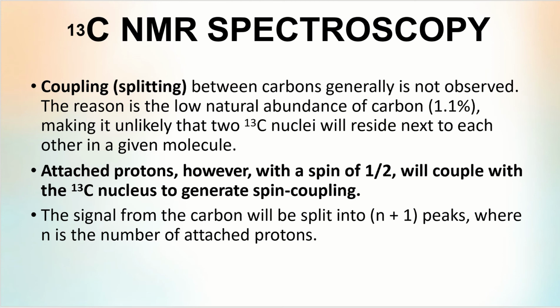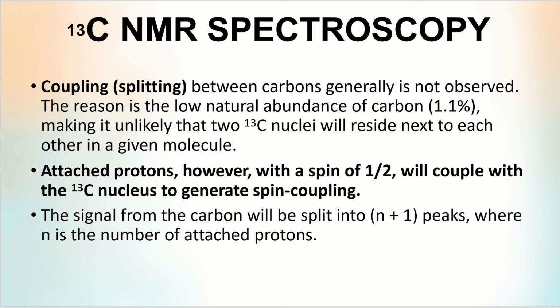All right, so another thing that we need to mention is coupling and splitting. And this won't be a big issue with carbon-13 spectroscopy, but we need to at least mention it and mention why it won't be a big deal for this type of spectroscopy. Well, coupling or splitting between carbons generally is not observed.